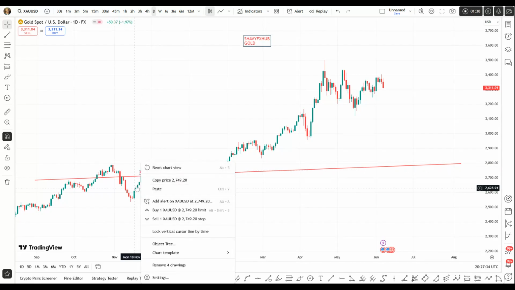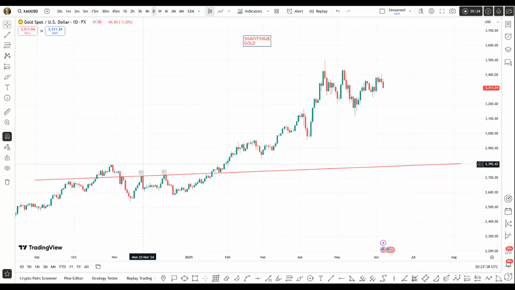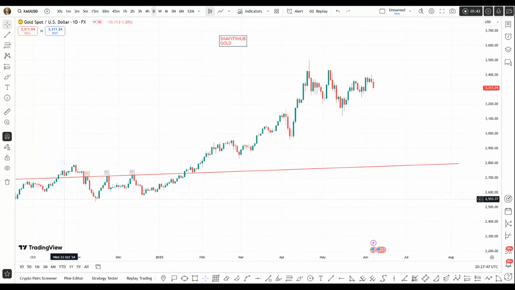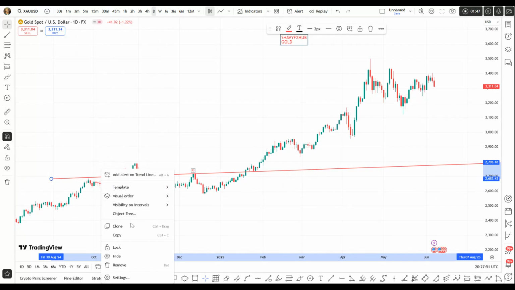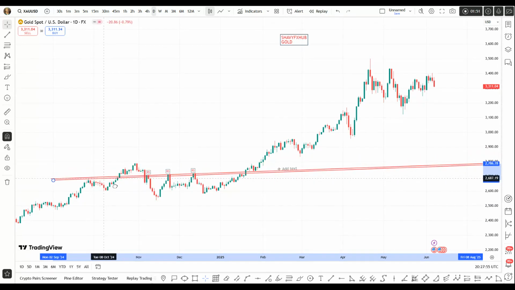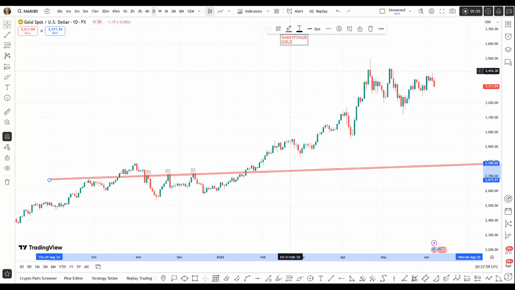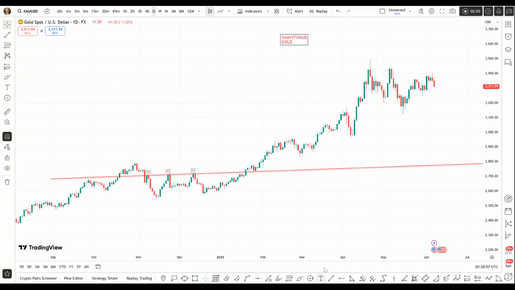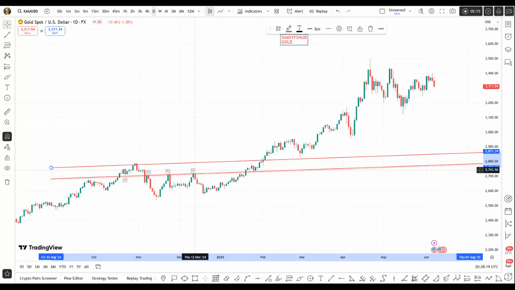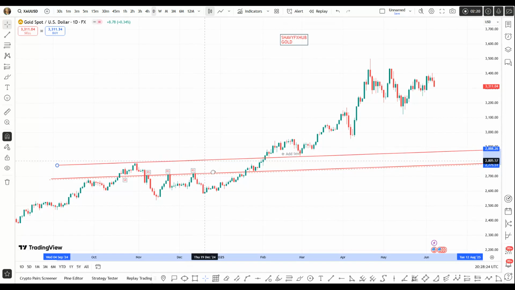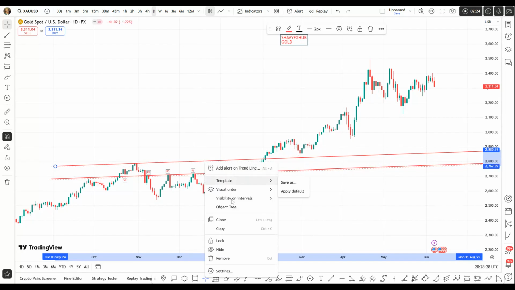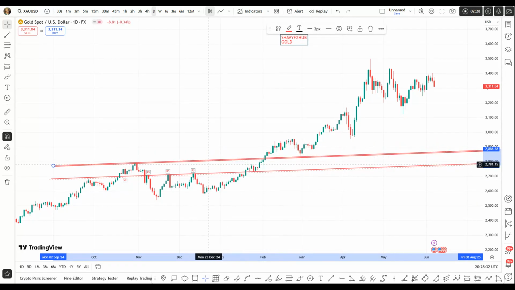And this is an RT. So this is a typical break of structure.